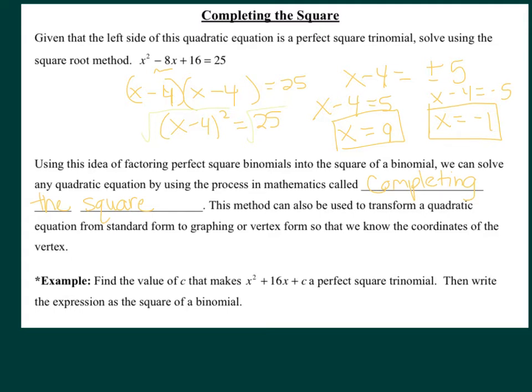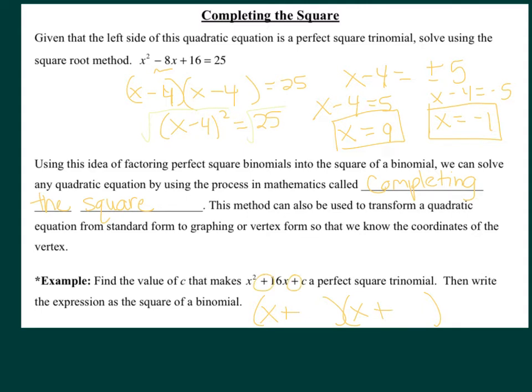So for our next example, we're going to take a look at trying to find the value of c that makes x squared plus 16x plus c a perfect square trinomial. Then we'll write the expression as the square of a binomial. So if we think about factoring this, we know we would have x times x, both plus signs.